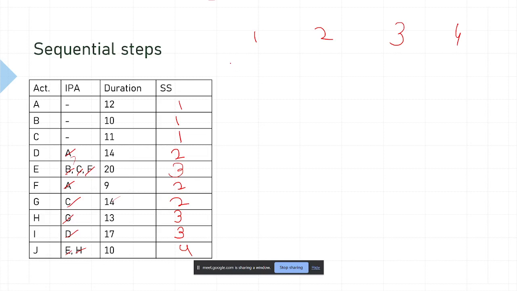So we'll start drawing now. Wait a minute. You guys please try to make the network. We already listed the sequence steps, so I guess it should be one step easier for you.